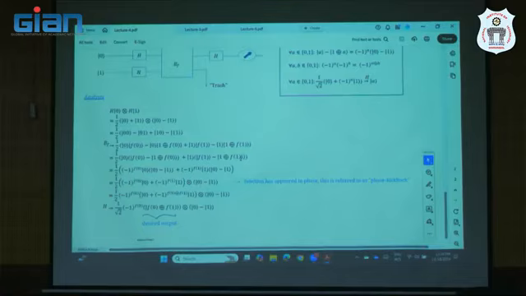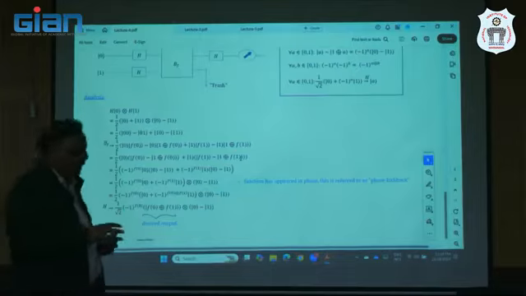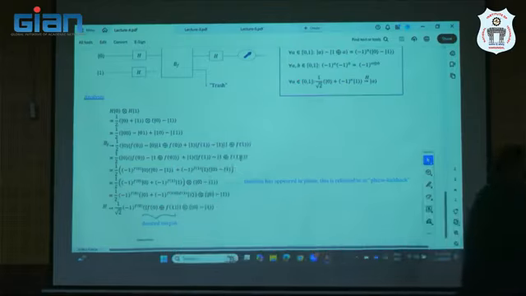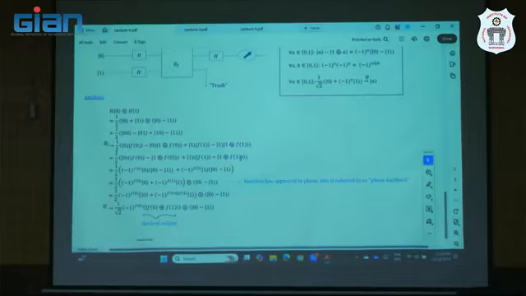Entangle means, suppose I have 1 over square root 2 ket 00 plus 1 over square root 2 ket 11, such a state. Such a state I cannot write as a tensor of two states.